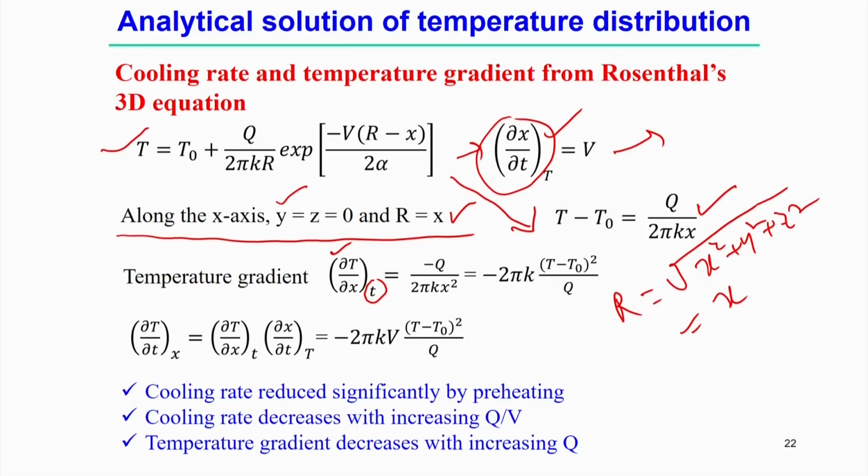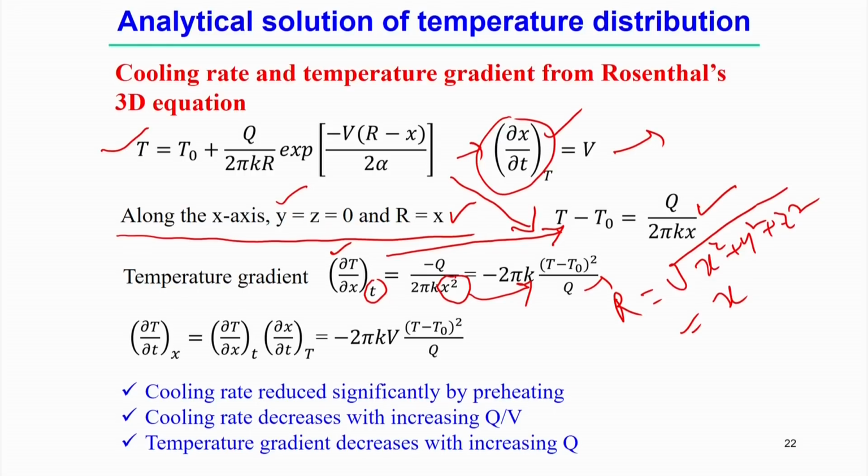That temperature gradient can be estimated directly from this equation, minus Q by twice pi k x square, and then if we replace the value of variable x, we will be able to express this equation in terms of the temperature difference and other constant parameters, for example, thermal conductivity, and Q is the heat input.